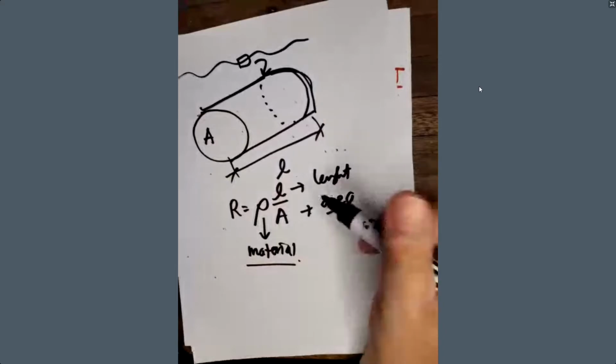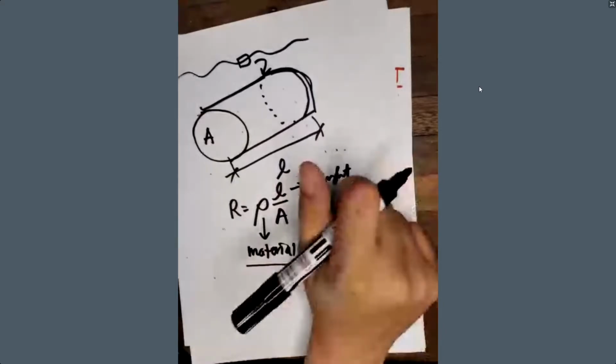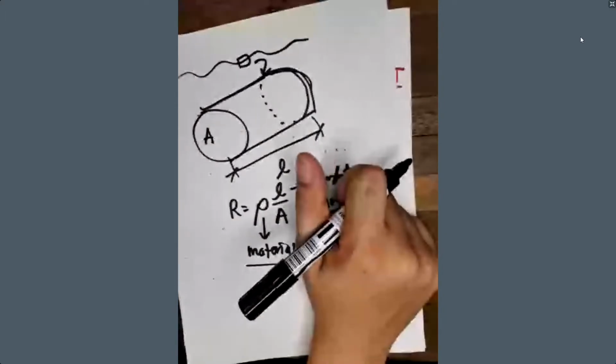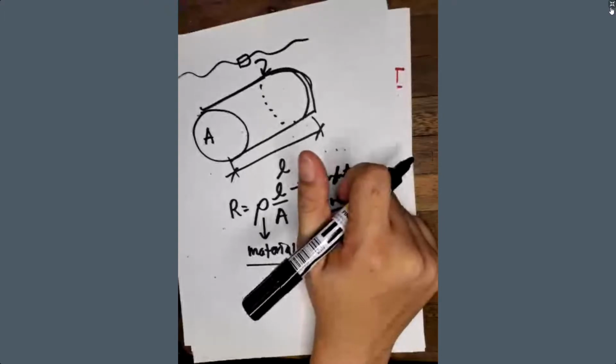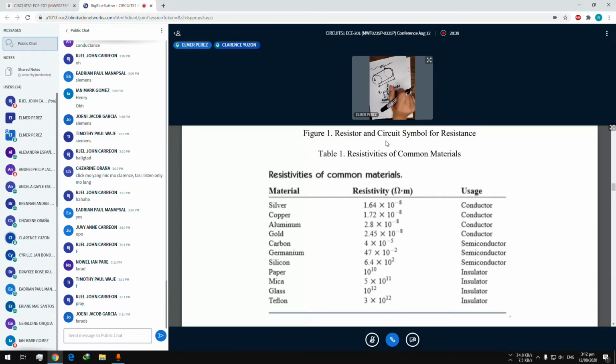For resistivity, we have some common materials. I'm not sure about gold. Gold is 2.4, copper is 1.7, silver is 1.6.